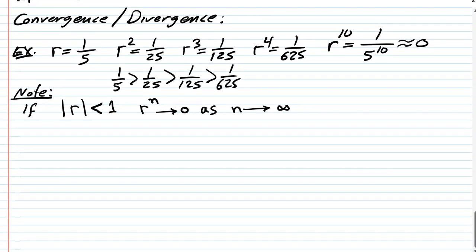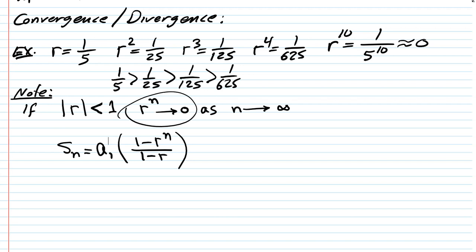Now, this has a very interesting consequence on the formula for the nth partial sum. If you remember the nth partial sum formula, we just worked with it. It was this one, right? Well, if absolute value of r is less than 1, we just said r to the n approaches 0, right? Means this portion goes to 0.